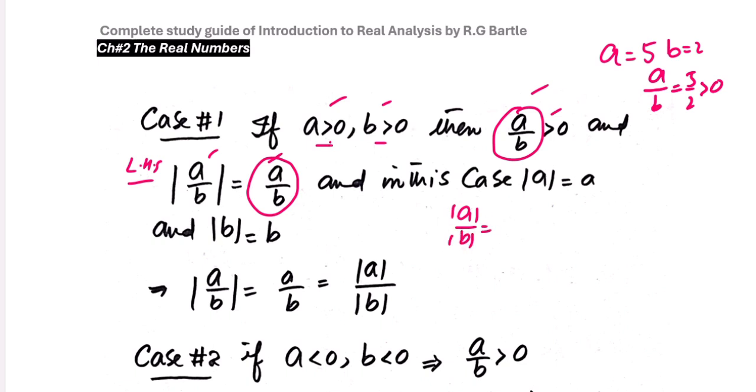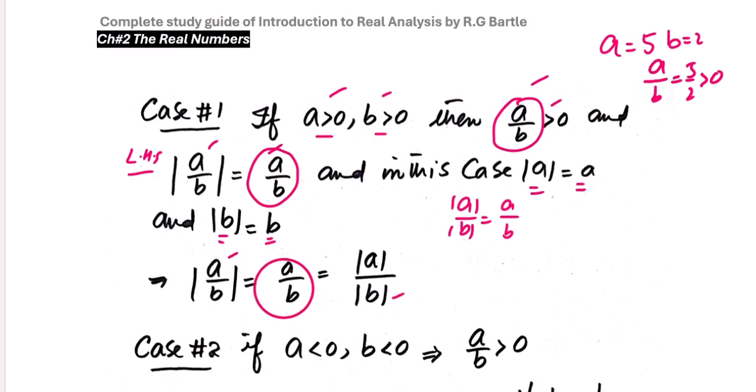As a is positive, its absolute value is simply equal to a, and the absolute value of b is equal to b. So this is equal to a over b. So in both cases, both sides are equal to a over b.